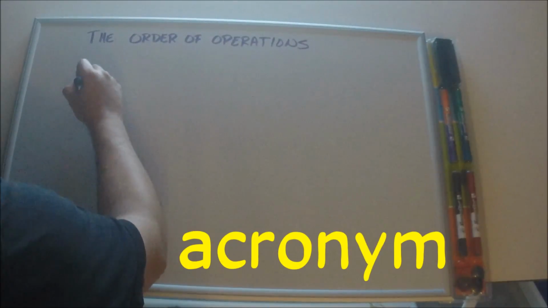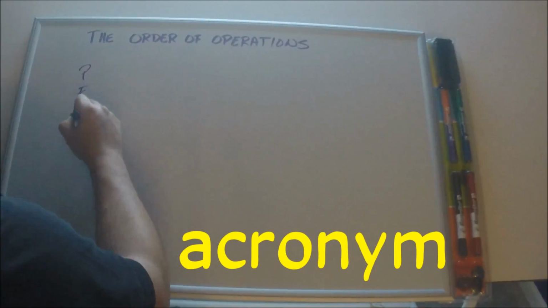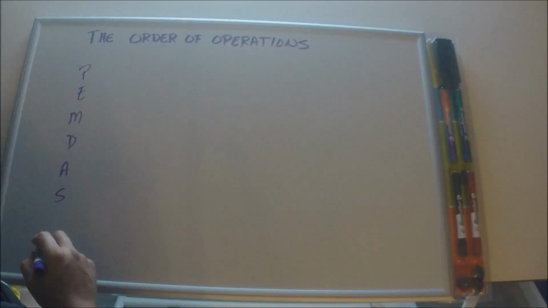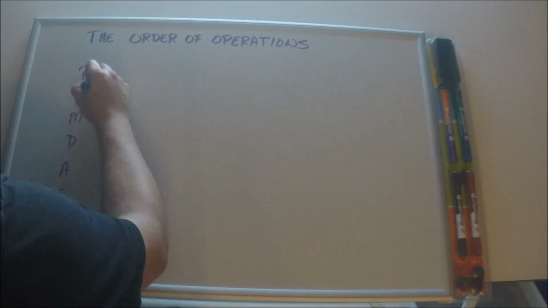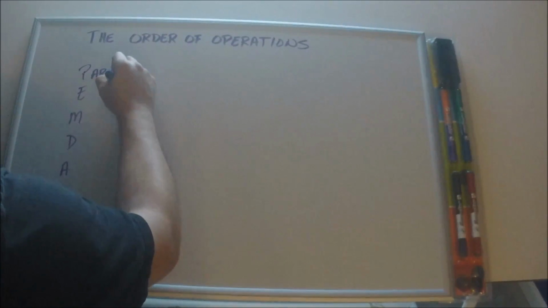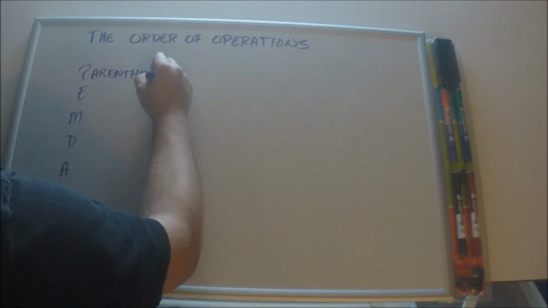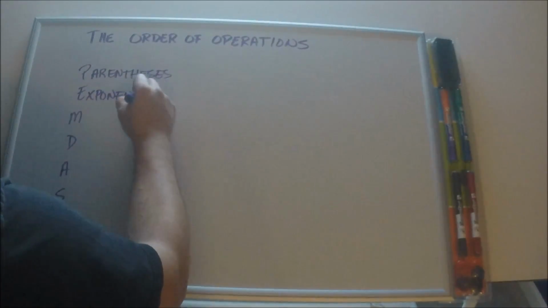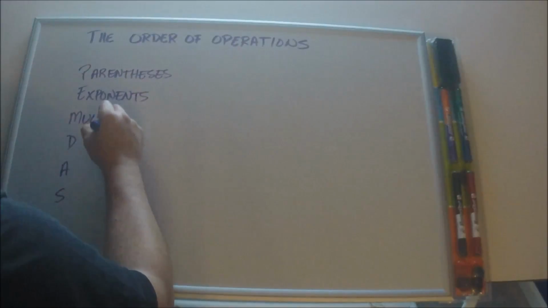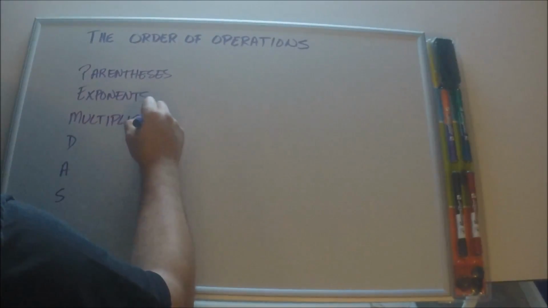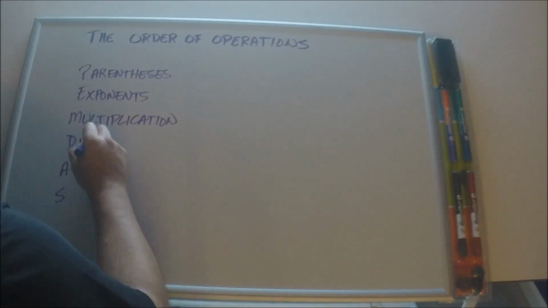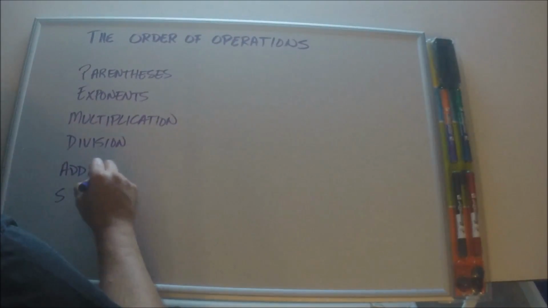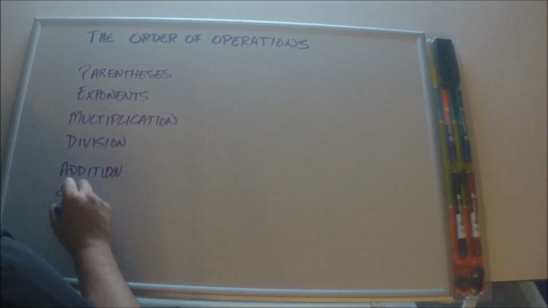Now, you've probably already learned the order of operations in previous grades using an acronym. An acronym is like a word or sound where each letter represents another word. The one that you're probably used to is called PEMDAS, where the P stands for parentheses, the E stands for exponents, the M stands for multiplication, the D is for division, A for addition, and S for subtraction.